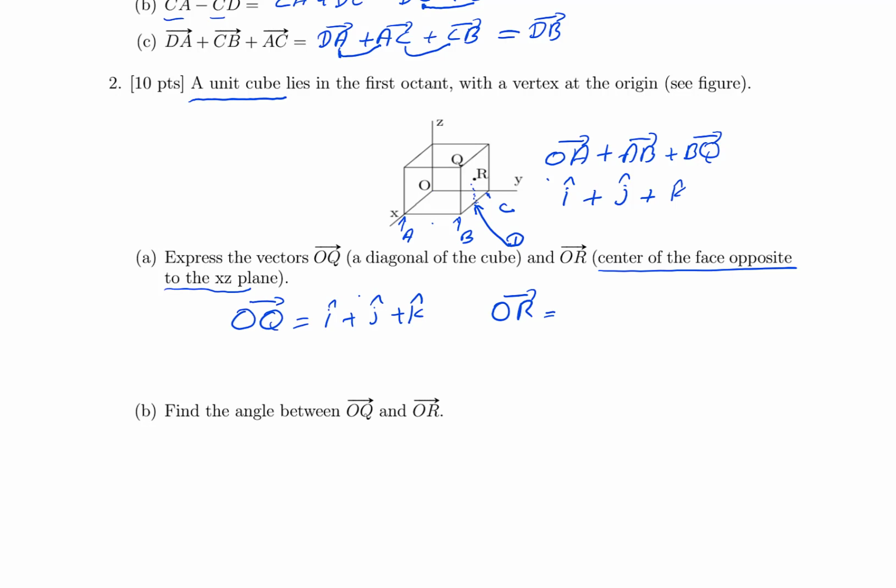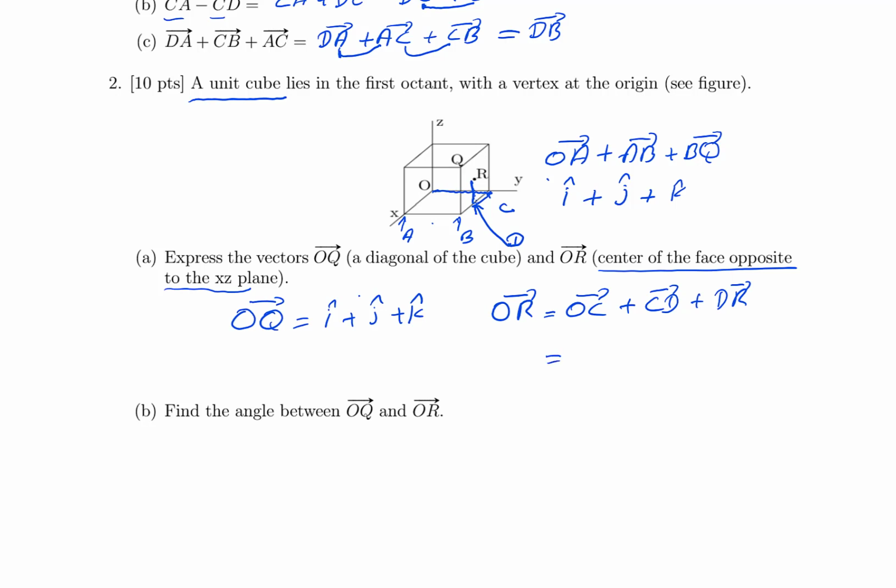Let me explain. You can come in this direction, OC vector. Then go to this CD vector. Then go to the top, DR vector.